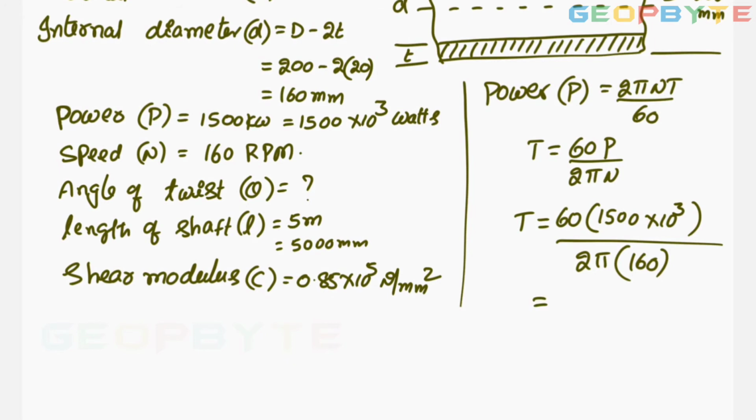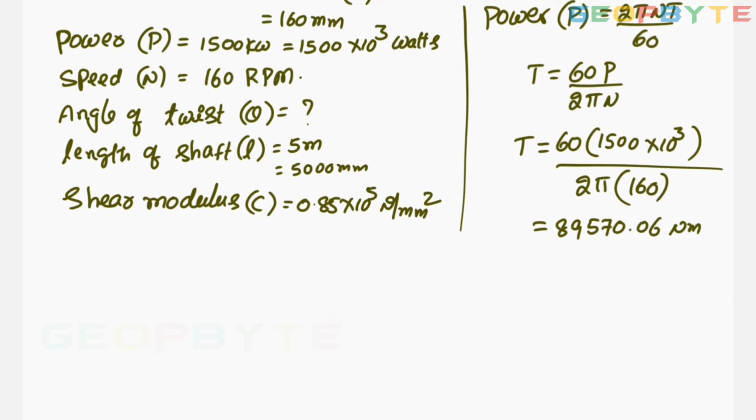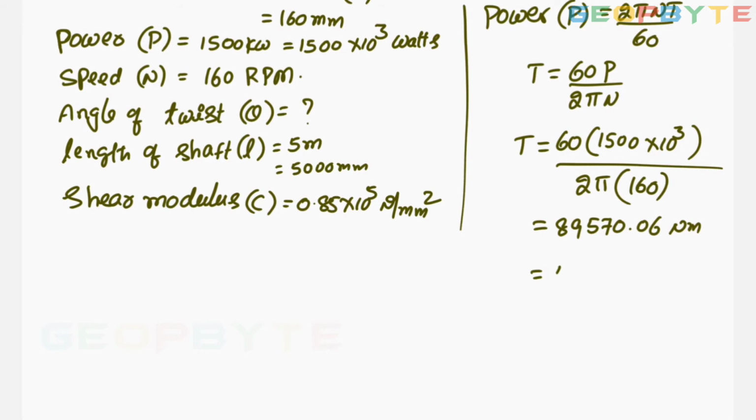Torque T equal to, simplify this value for getting the torque. I am getting 89570.06 Newton meter, but better to convert it in Newton mm: 89570.06 multiplied by 10 power 3 Newton millimeter. Okay.